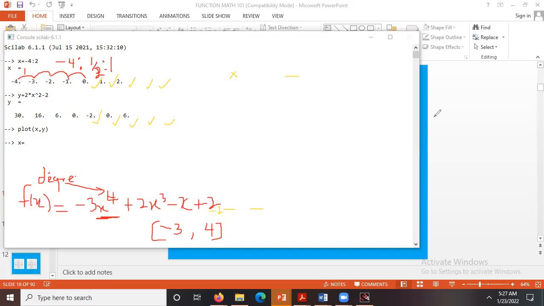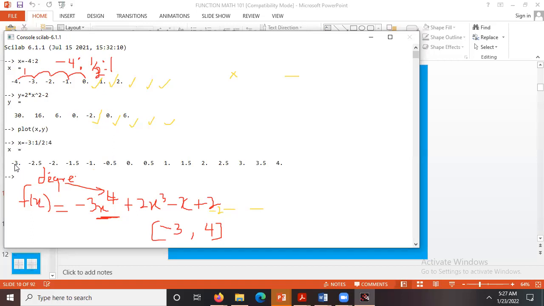So this time I'm going to type x equals minus 3 is to, I want a smaller interval, so half is to 4. Let's see the output generated. You can see it.